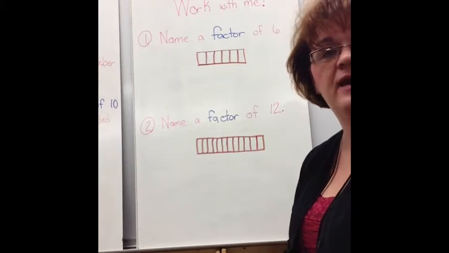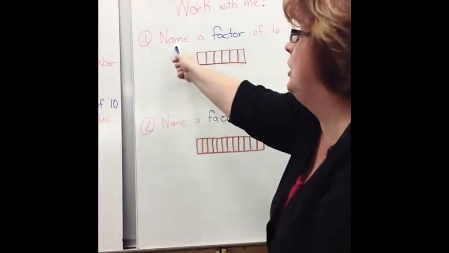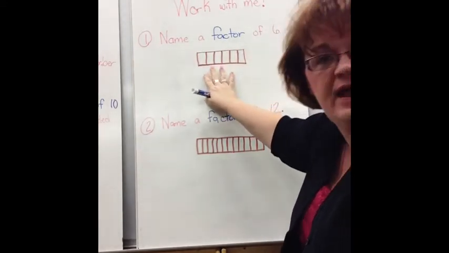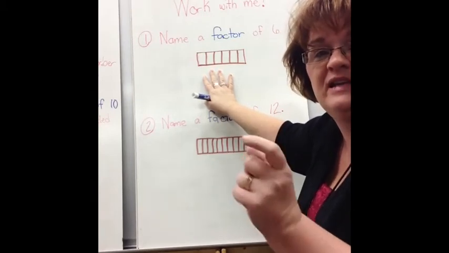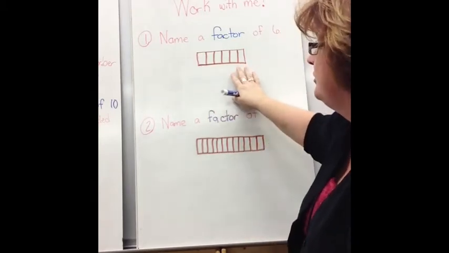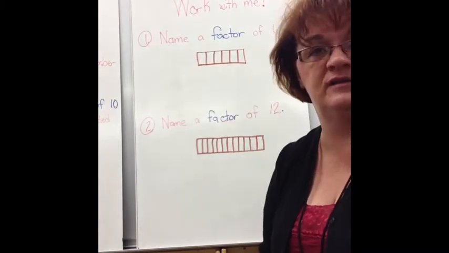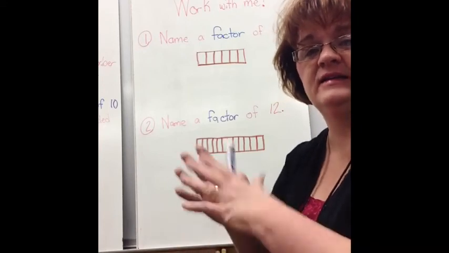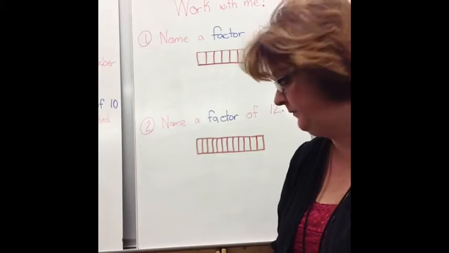All right, let's go ahead and take a look at what we're going to work on today. We have to name a factor of 6. Now here you can see I have drawn a Hershey candy bar. You know that Hershey candy bars come in equal sections. So we have a Hershey candy bar with 1, 2, 3, 4, 5, 6 equal parts. What number can I divide that into? How many equal pieces could I get by dividing this number?